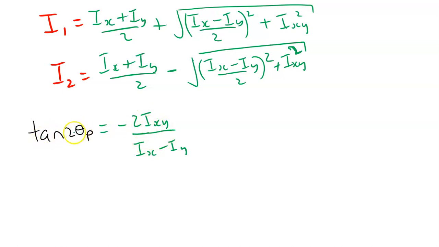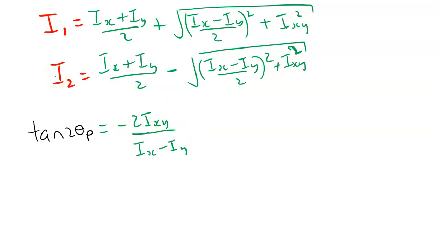When you find tan 2 theta p by finding the arctan, or the tan inverse, of what goes on here, you're going to get two values, right? Now when you get two values, one of those values is going to correspond to I1, and one is going to correspond to I2. How do you know which one?